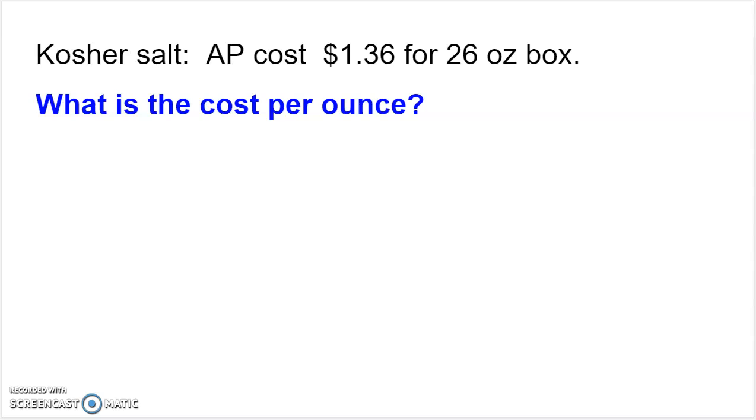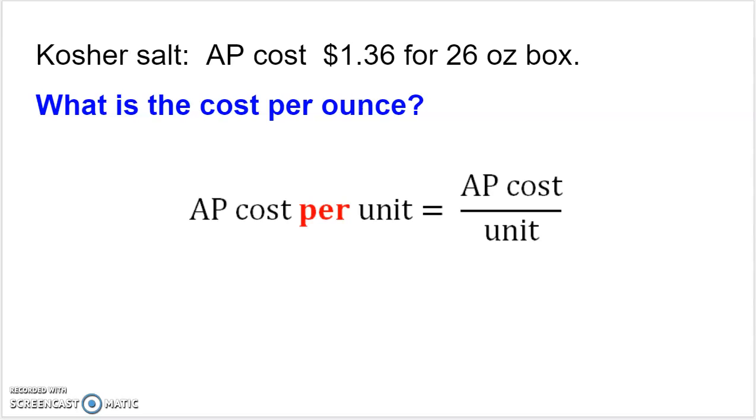So if we have an example like this, kosher salt, the AP cost is $1.36 for a 26-ounce box. And what we want to know is the cost per ounce. So we take our AP cost per unit formula and put it in these terms.